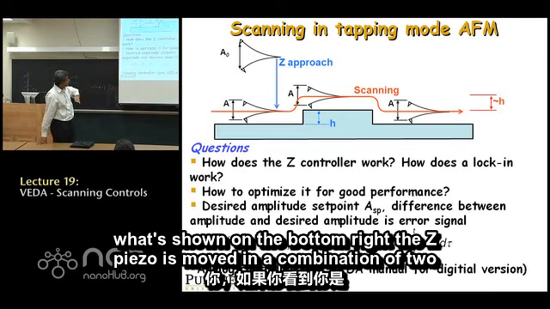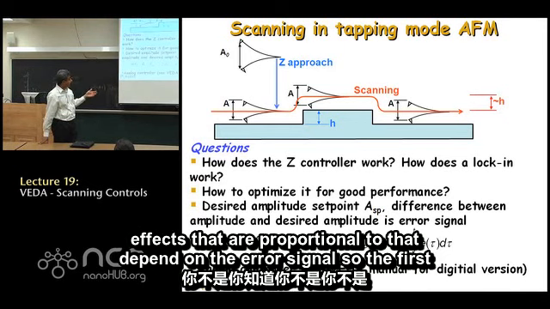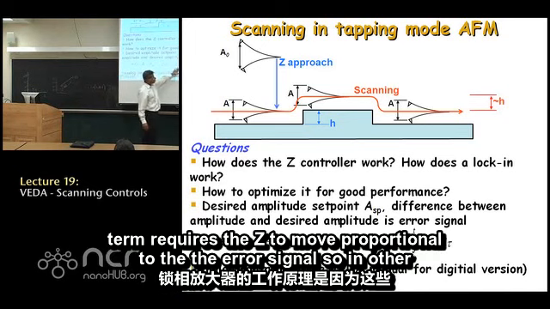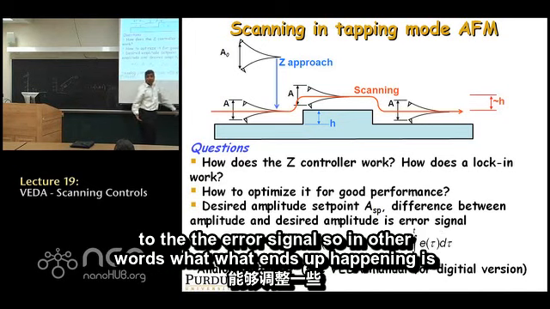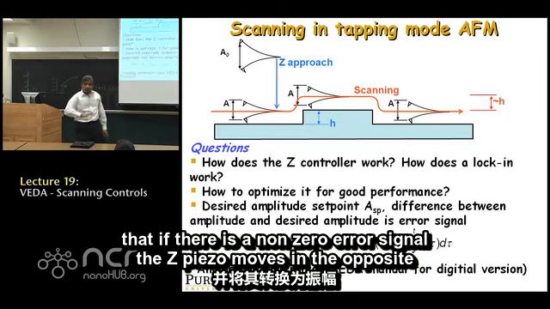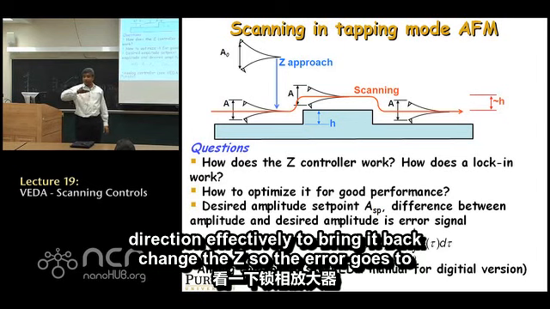The Z piezo is moved in a combination of two effects that depend on the error signal. So the first term requires the Z to move proportional to the error signal. In other words, if there's a non-zero error signal, the Z piezo moves in the opposite direction effectively to change the Z so that the error goes to 0.